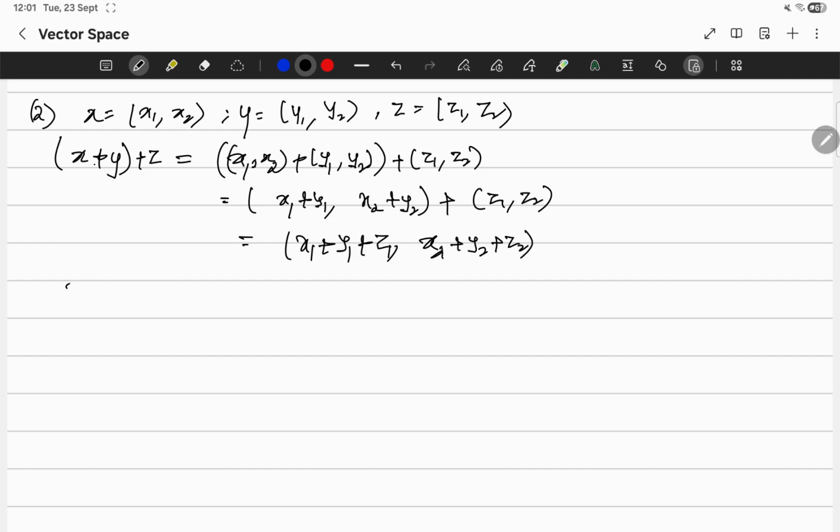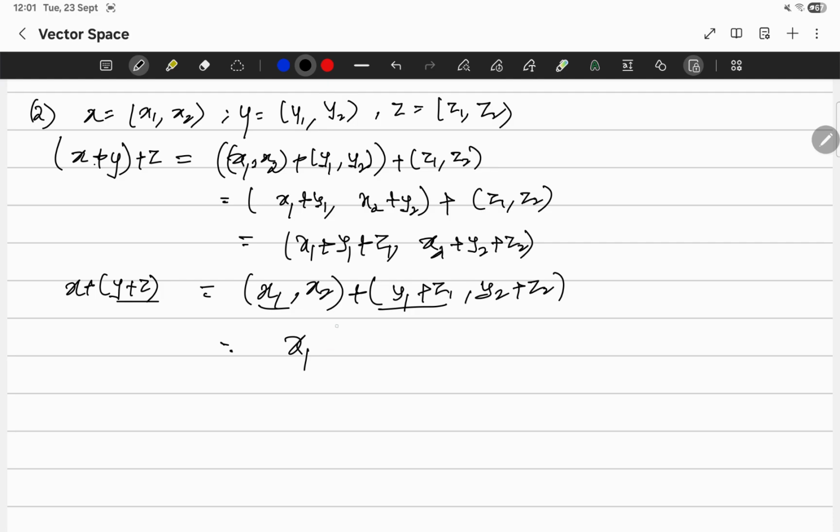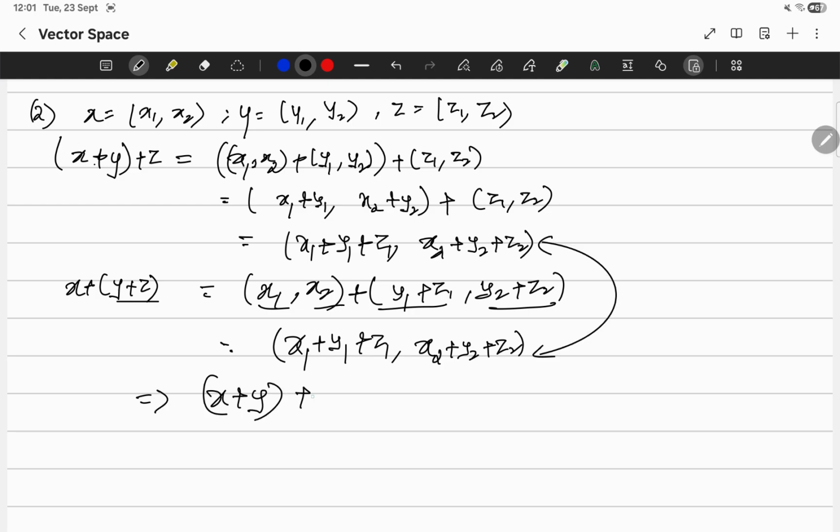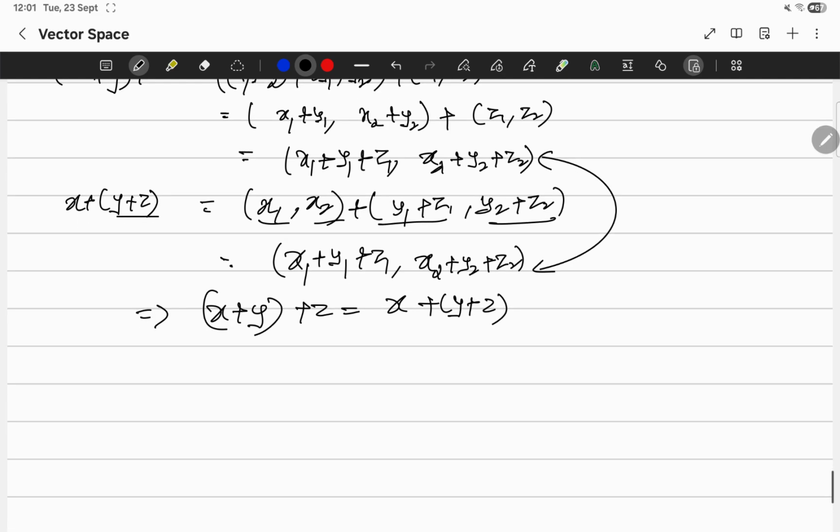Similarly, x plus the sum of y and z will be x1, x2 plus y1 plus z1, y2 plus z2. Adding the first coordinates, x1 plus y1 plus z1, and x2 with this one, x2 plus y2 plus z2. You will check that both are the same. So it means that x plus y plus z is equal to x plus y plus z, with the grouping changed. This is the associative property.